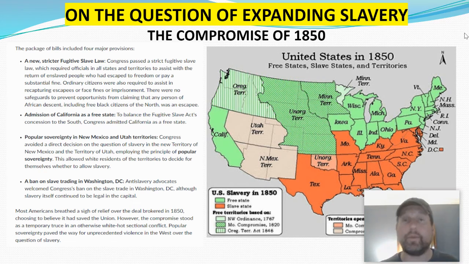Is it going to be a free nation that lives up to the ideals on paper, or is it going to be a slave nation? And by kicking the can down the road, I mean that these series of compromises are woefully inadequate in actually addressing the root nature of the problem of slavery in America and expanding out west.